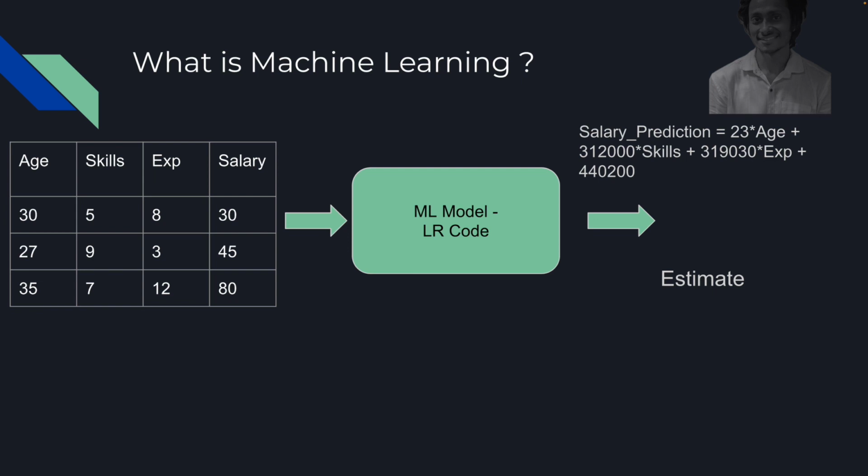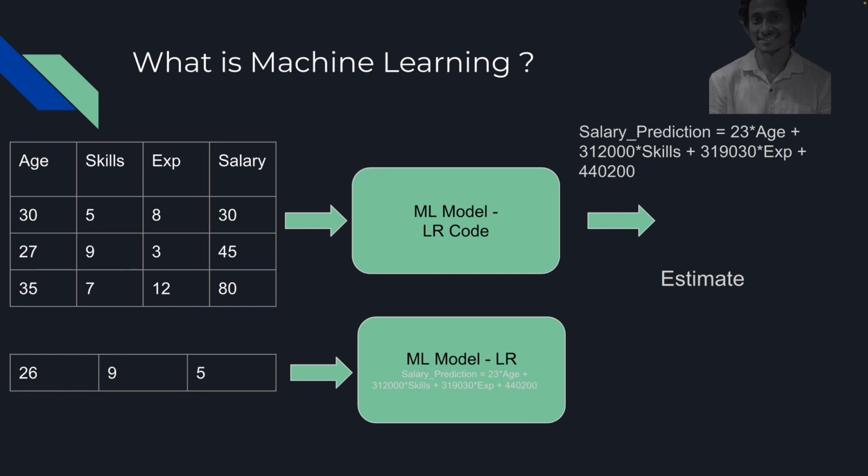Now, once the pattern is identified, it is estimated. Let us say a new person comes up and you have to identify what could be the salary. Given 26 years old, 9 out of 10 as the skills and experience is 5, I would just give this to the machine learning model called linear regression, which has already figured out the pattern, and using that it will give me the estimate as 42 lakhs, let's say.